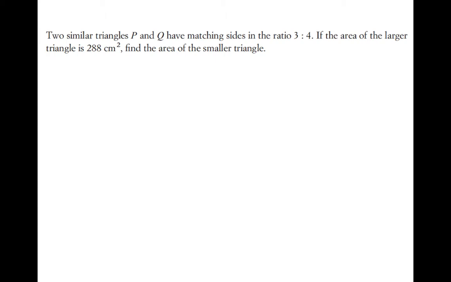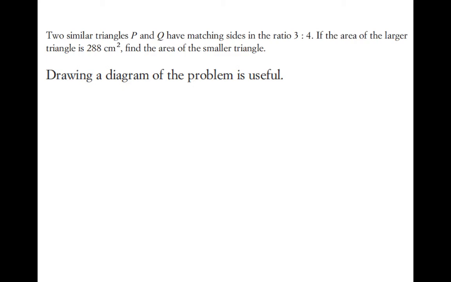Now we're saying that two similar triangles, P and Q, have matching sides in the relationship of 3 to 4. If the area of the larger triangle is 288 centimeters squared, find the area of the smaller triangle. So we need to use this relationship to work out the smaller triangle's area.